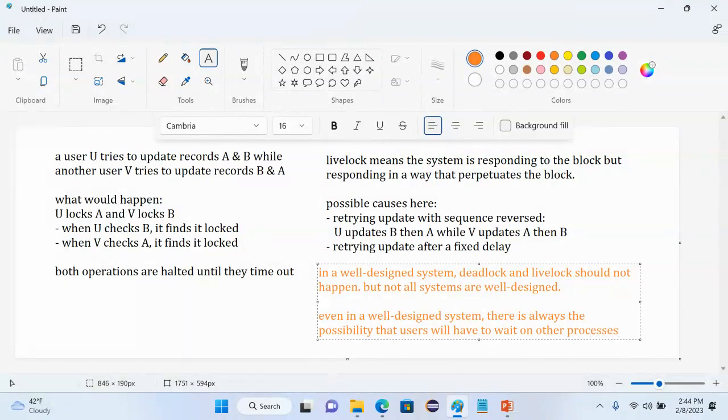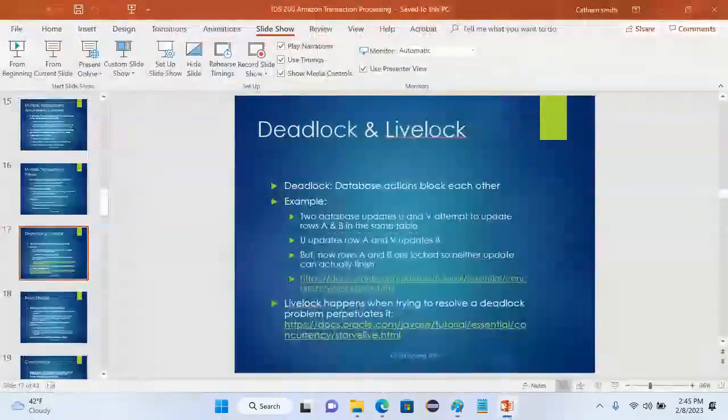Hopefully they happen fast enough so it's not a big problem. But if the database gets busy enough and can't keep up with all the activity, it can feel like deadlock. You're just waiting in the queue for everything else to get processed. But that's not true deadlock.